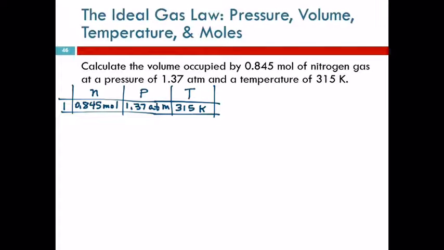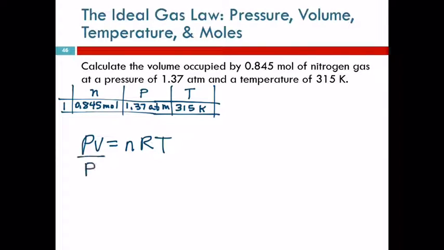If you only have one row of numbers, you're going to need the ideal gas law, PV equals nRT. What is the question asking me to find? The volume. Calculate the volume. Okay, well, here's PV equals nRT. Let's rearrange this for volume.